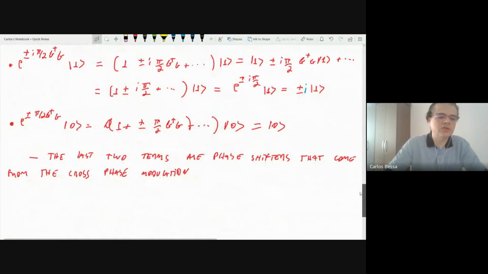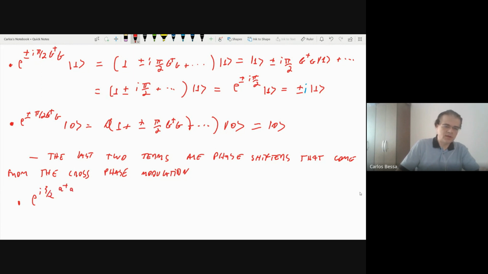They are phase shifters, and let me put it in red, and they act like, in a dual mode, A dagger A, C dagger C, applied to, let's say, 1, 0, where we are using the convention CA.